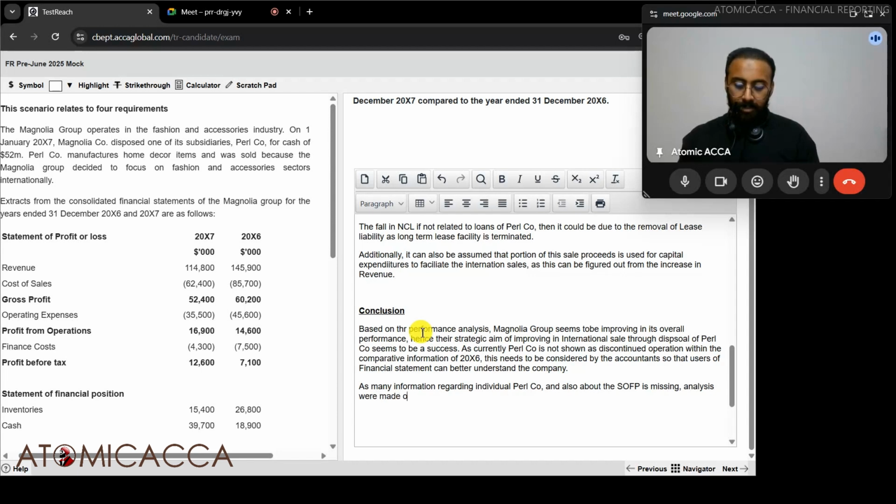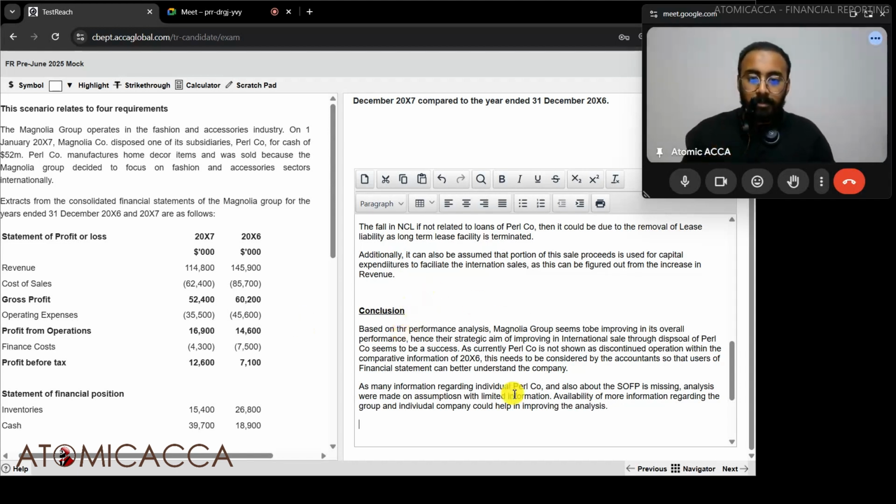Analysis was made on assumptions with limited information. Availability of more information regarding the group and individual company could help in improving the analysis.